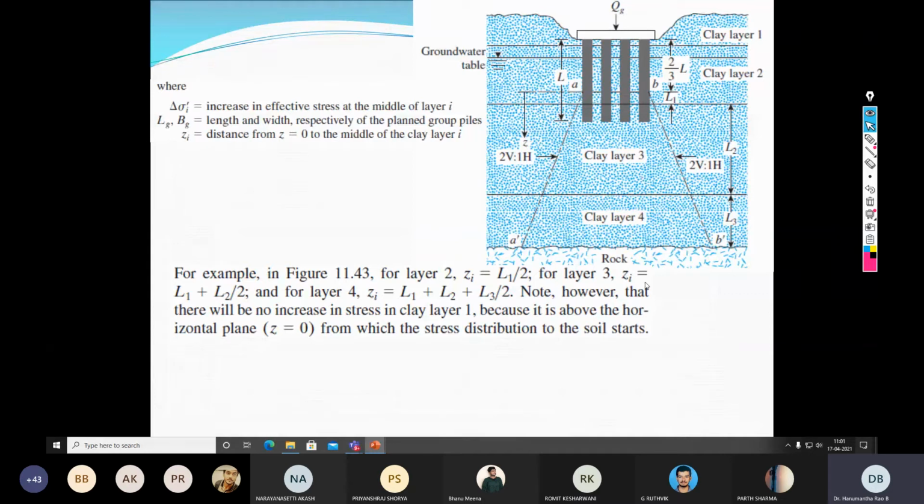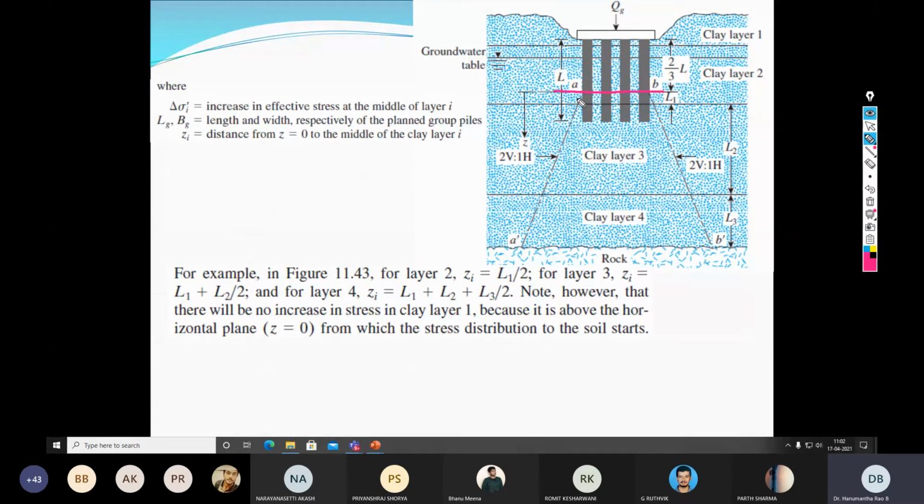Now let us look at this, which explains how to calculate the consolidation settlement. Suppose QG is the total pile load. One important point that everyone must remember when you go for consolidation settlement calculation in the pile group: if L is the total length of the pile, you need to assume something called a fictitious footing, that is the reference line AB.